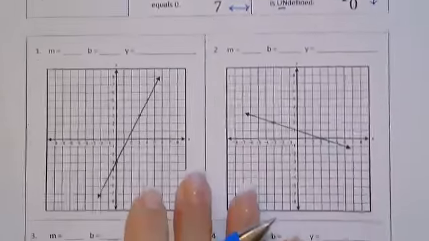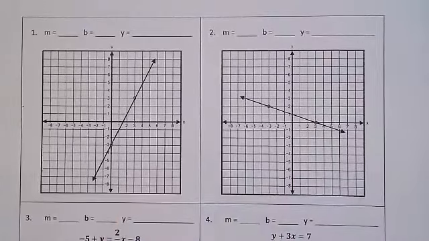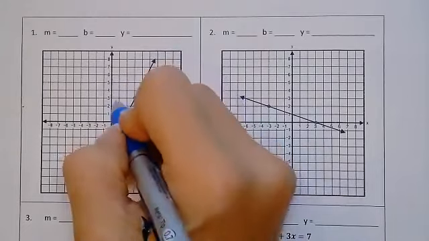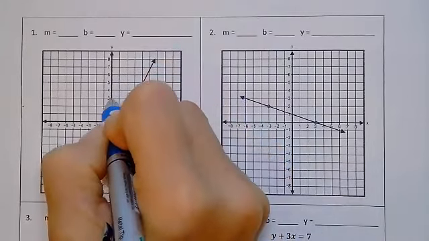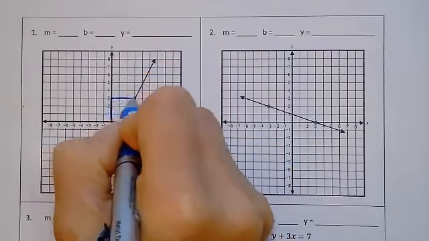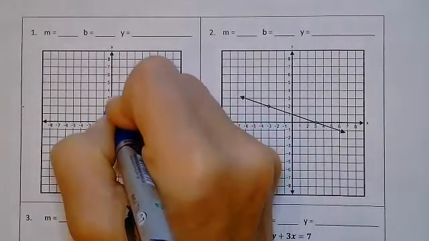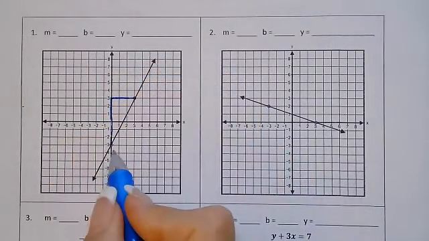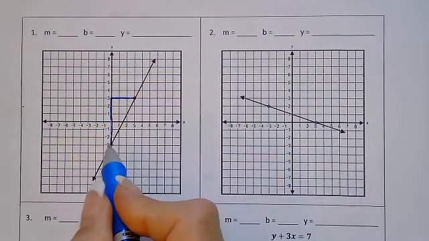Okay, moving on. So number 1, we are going to use this graph to find our slope. So I know slope is rise over run. So what I'm going to do is create this triangle. And now I'm going to find my rise.